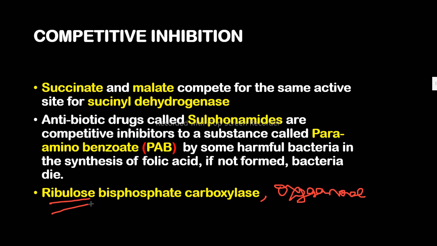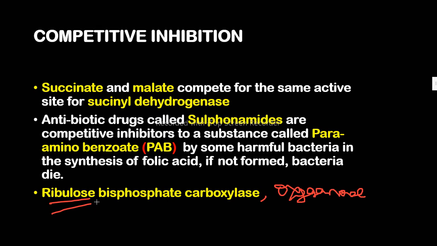For plants to carry out photosynthesis, they must be able to fix carbon dioxide, and when they fix the carbon dioxide, you form the 6-carbon compound, which is unstable and will completely split to form the 3-carbon compounds, the 3-phosphoglycerate, which is now reduced to form PGAL, 3-phosphoglyceraldehyde, which can now be converted into glucose and other things.